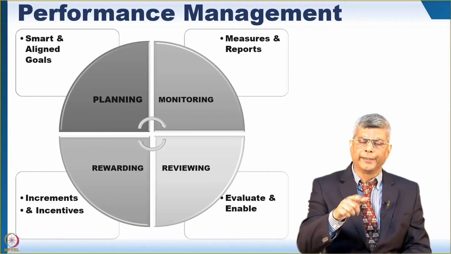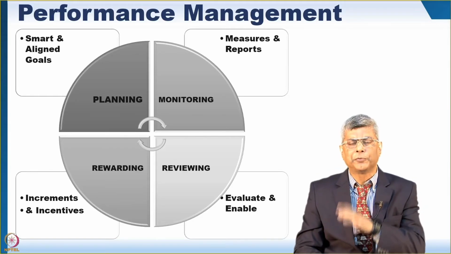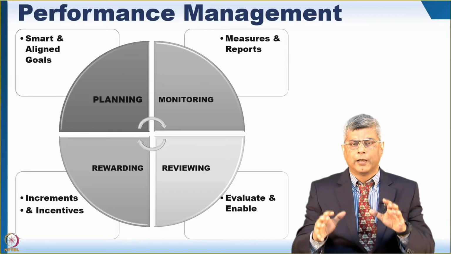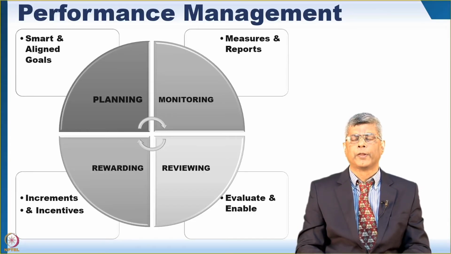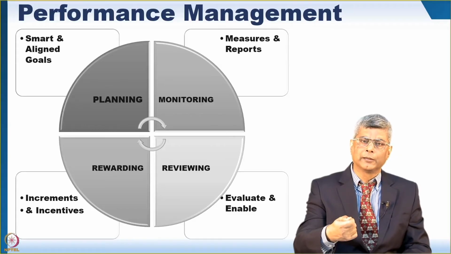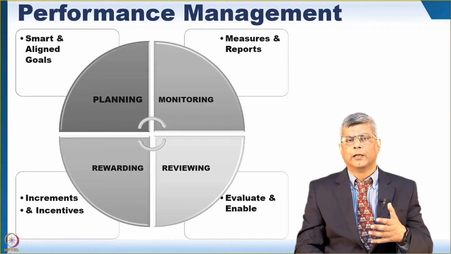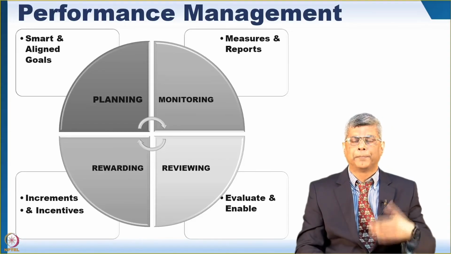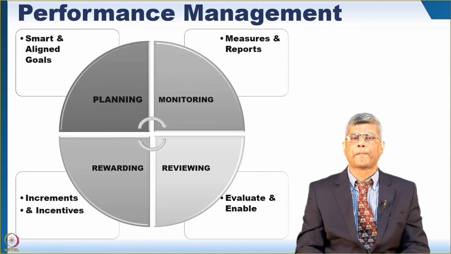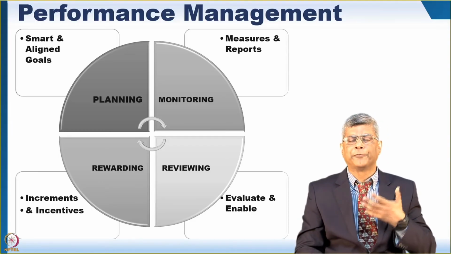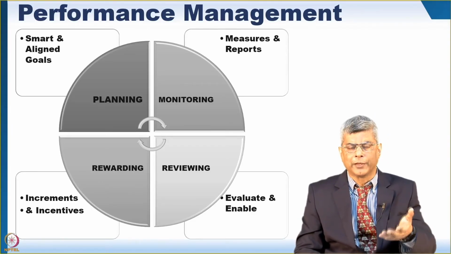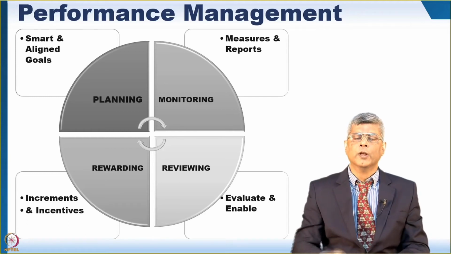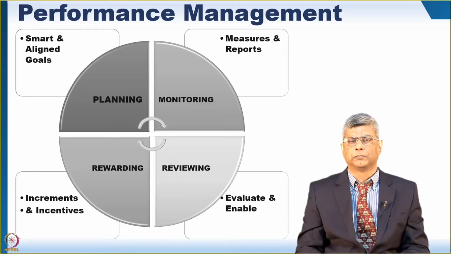And if you're an employee, you have to take the review process very carefully. This is when you go back to your manager or your management and say, you gave me these goals, here's how I have performed, now please give me some feedback and let's talk about how I can do better. Or here are the problems I'm facing, if you remove those problems, I can work even better. So that's the review mechanism.